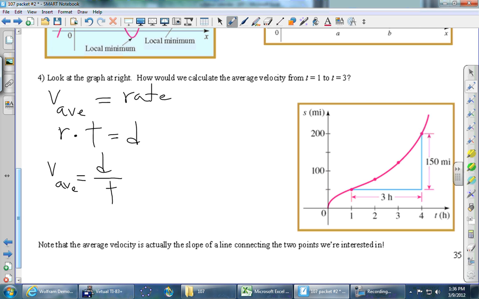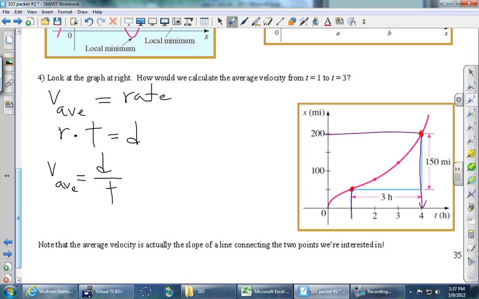Suppose that we look at the graph over here. And I want to focus on 2 points. I want to focus on that point right there and this point over here. First of all, this point on the right has a 4 associated with it. 4 hours into our journey, we are at the 200-mile road marker on the highway. Okay? 4 hours in, we're passing the 200-mile mark.